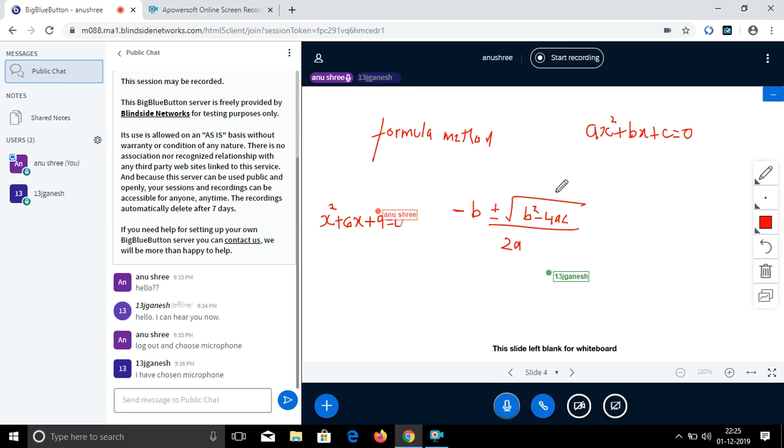If you compare this equation with the standard form, you tell me what is A, what is B, and what is C. A is the coefficient of x squared, B is the coefficient of x, and C is a constant. You tell me in this equation what's A, what's B, and what's C.